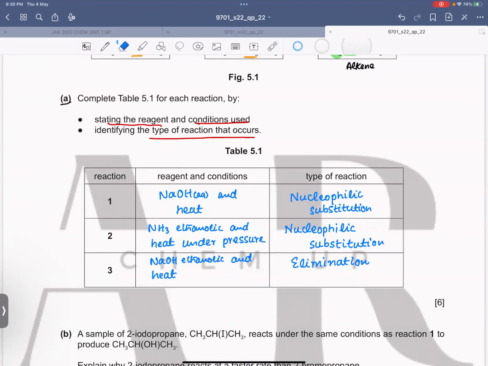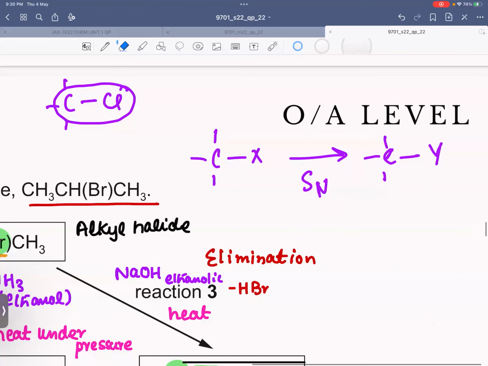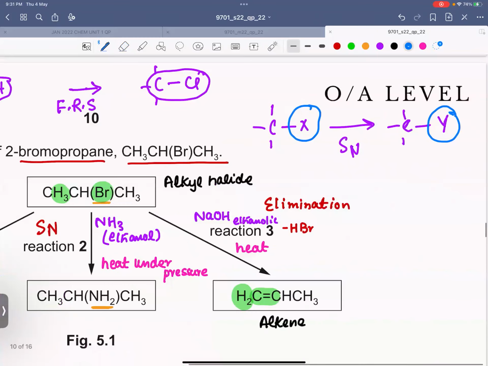Sir, can you explain again how reaction 1 and reaction 2 are nucleophilic substitution? See, I have given you the example: when carbon is bonded to any group or any atom and that is replaced by any other atom, then it is nucleophilic substitution.